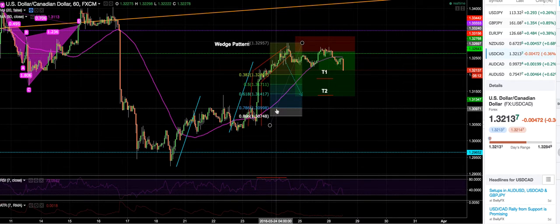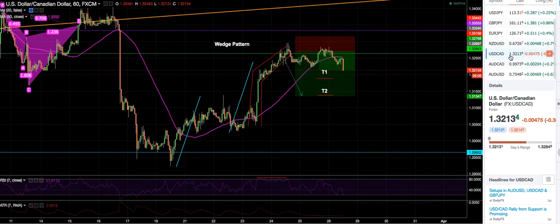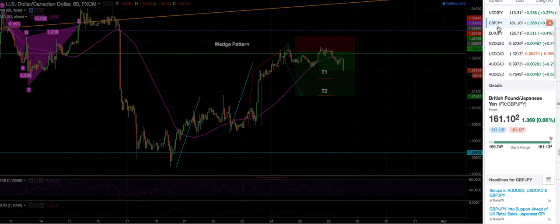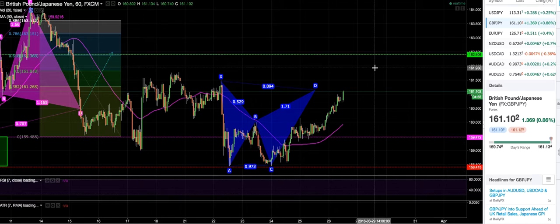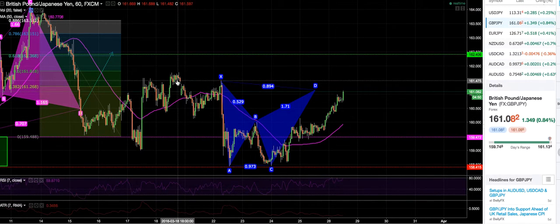Order filled. If you heard that, then we just got filled right here on pound yen. If you heard the ninja lady, here we go. Just got filled on this bat pattern on pound yen.